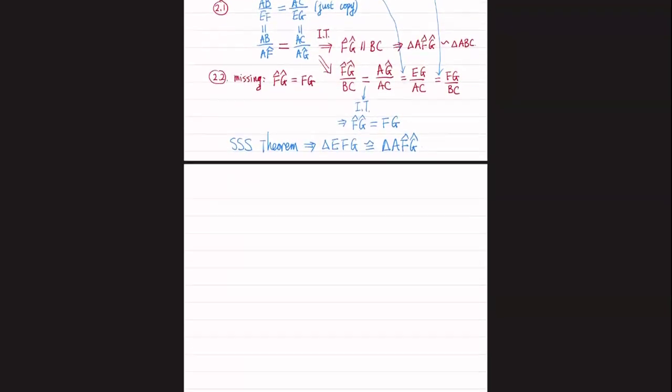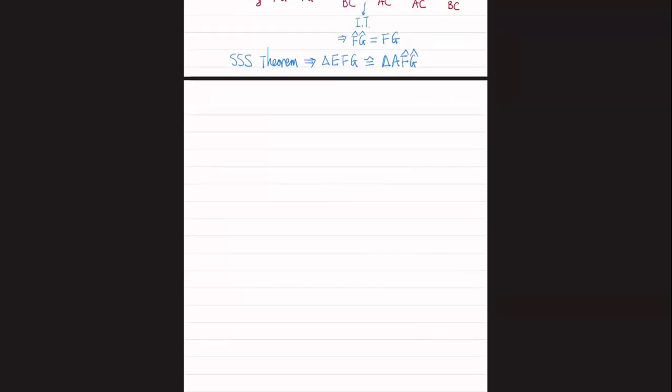Okay, so next, let's consider right triangles. This is a very special class of triangles. One of the angles is 90 degrees.